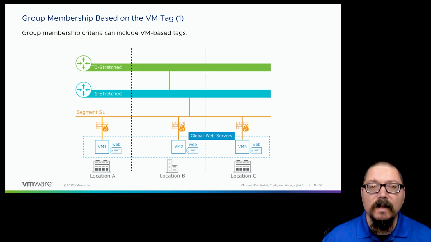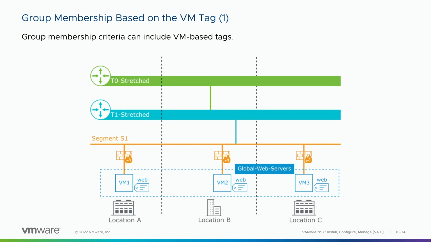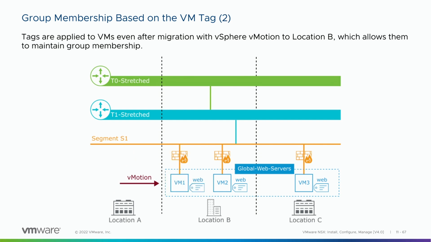Again, though, we want to make sure that the group is going to span the entire set of locations where a workload may exist. So here I want to make sure that my web servers group spans all three of these locations, because maybe that's where my web servers might show up. Then I've got my tags on my workloads that say, this is a web server. Let's include it in the web server group.